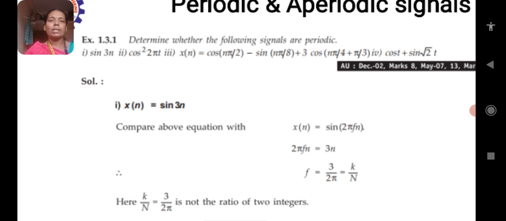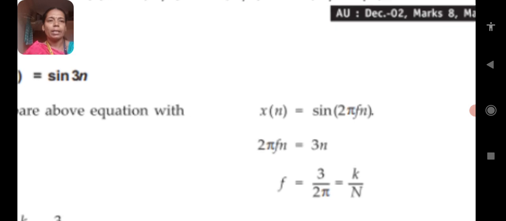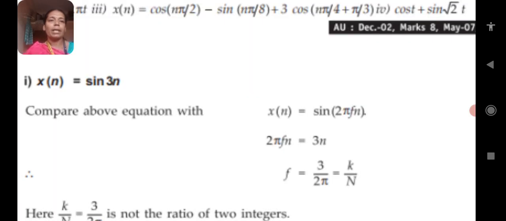So we have to equate 2 pi f and 3 on both sides. Therefore, f is equal to 3 by 2 pi.